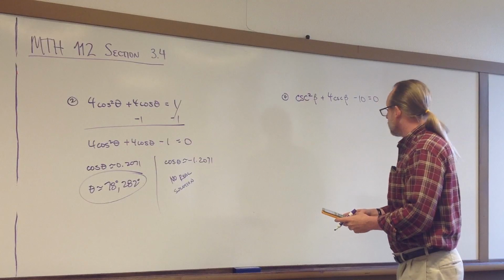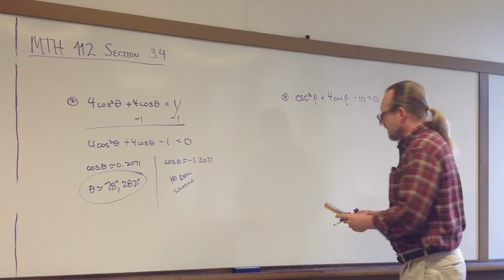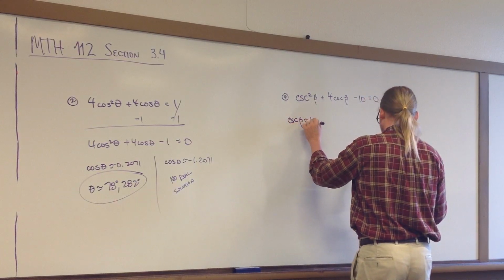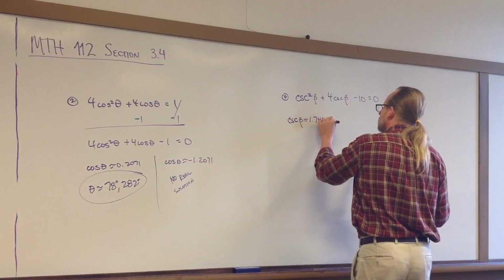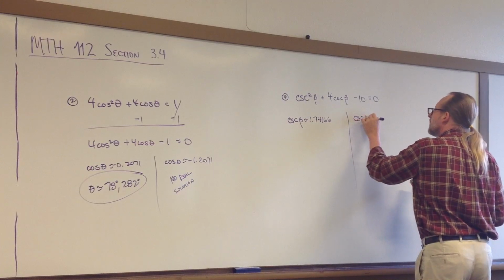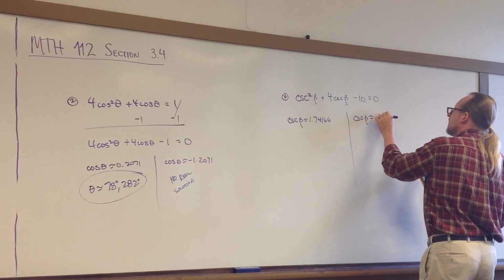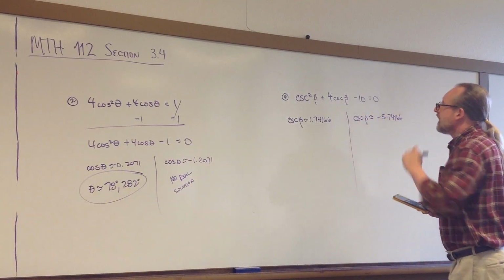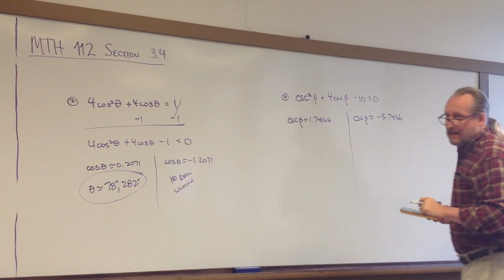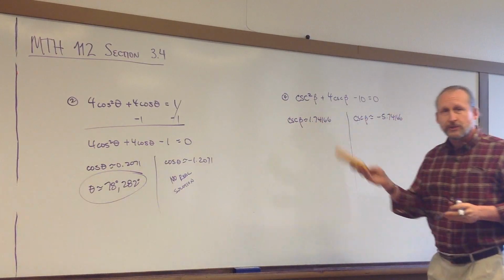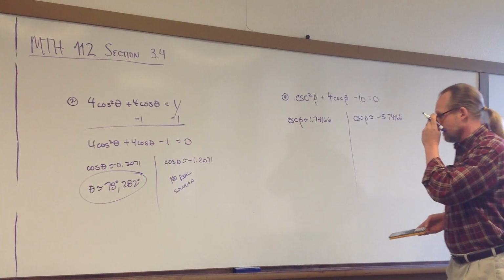A is 1, B is 4, C is -10, and so we get cosecant beta could be 1.74166, or cosecant beta could be approximately -5.74166. From there, we need to take the reciprocal, right?